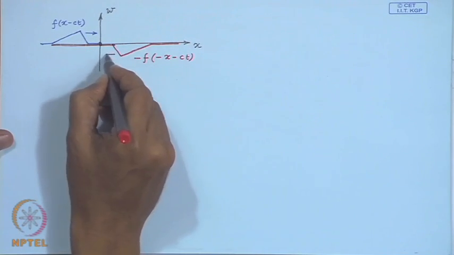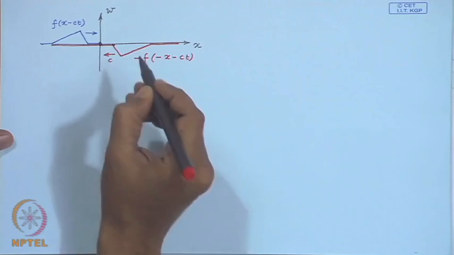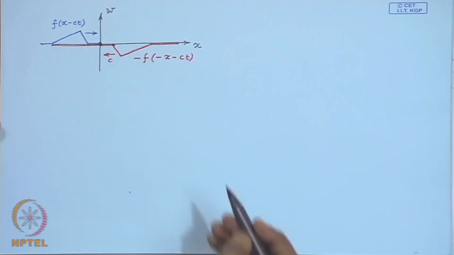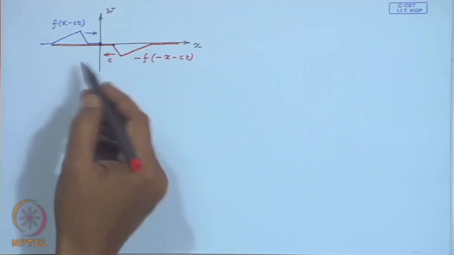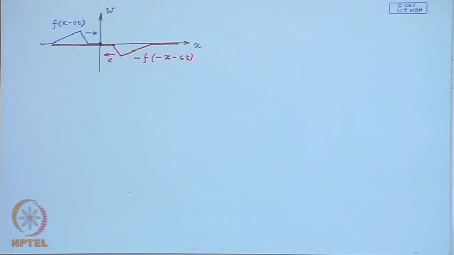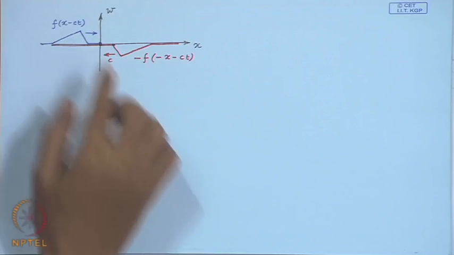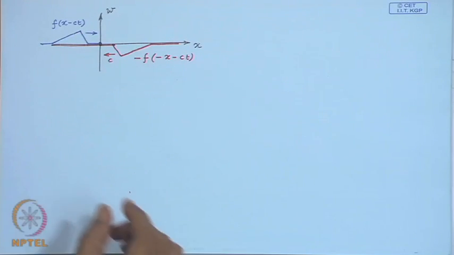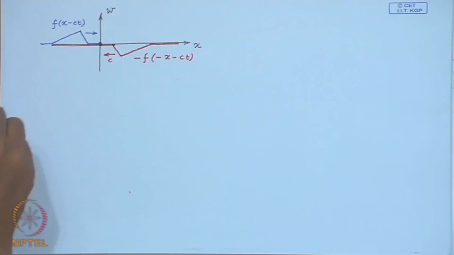So, this is travelling in this direction with the same wave speed c. So, superposition of these two is going to give us the net wave field in the string.